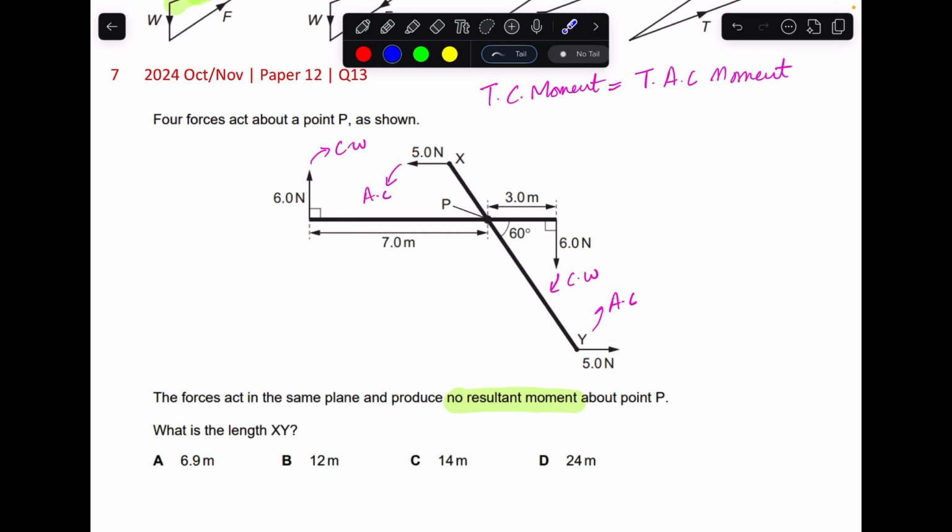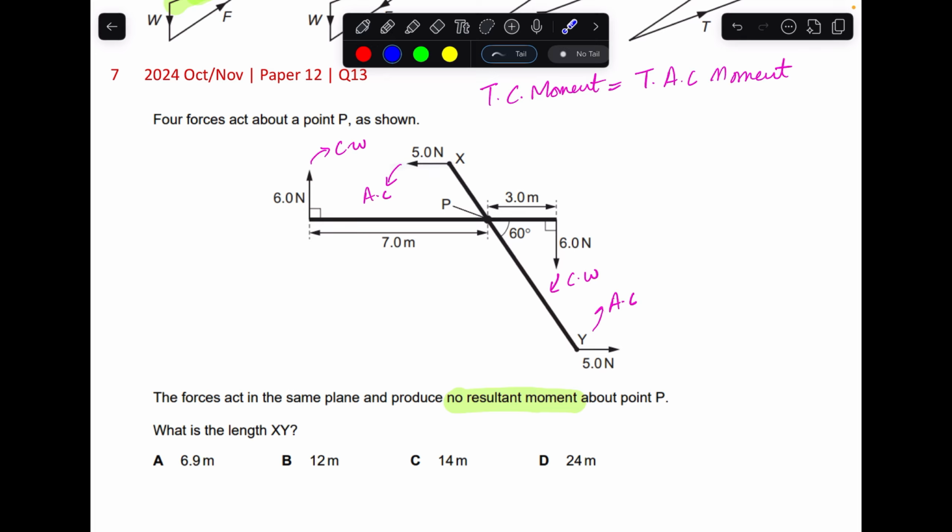But there we have to resolve this, because we need the perpendicular distance between the force and the pivot point. So if this is the force, I need this distance, right? The distance between this and this. I can resolve this force as well. It's my choice.